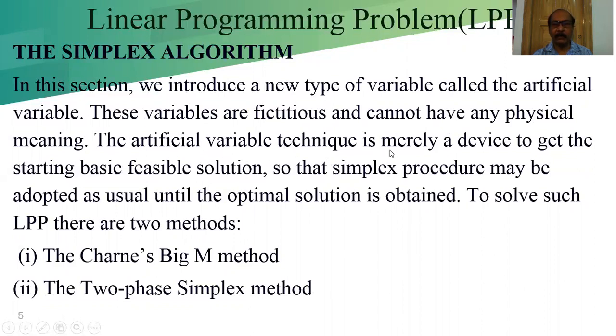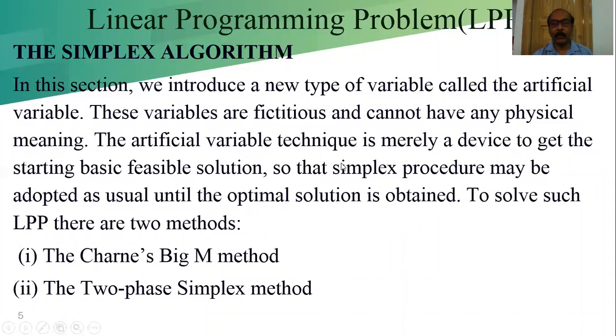This artificial variable technique is merely a device to get the starting basic feasible solution, that is, to form a unit matrix or the basis, so that the simplex algorithm procedure may be adopted as usual until the optimal solution is obtained.